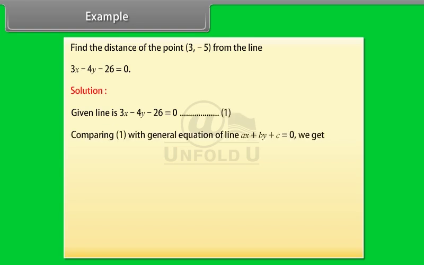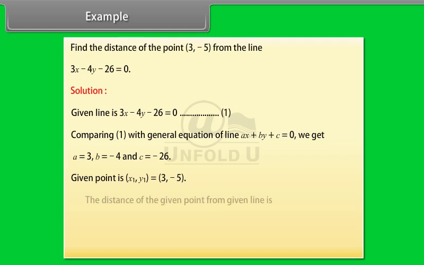Comparing 1 with general equation of line ax plus by plus c is equal to 0, we get a is equal to 3, b is equal to minus 4 and c is equal to minus 26. Given point is (x1, y1) is equal to (3, -5). The distance of the given point from given line is d is 3 by 5.